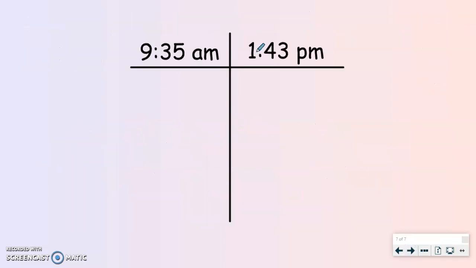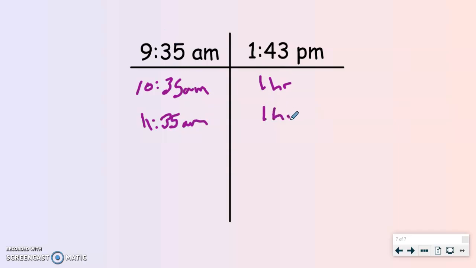And real fast, there is another method of using a T-chart. It's pretty much the same thing that we did before. Here I'm going to add an hour. And so instead of doing my number line, I'm just going to be writing my times on the left, and I'm going to be writing the increment that I jumped on the right. And this is my ending time up here to remind me.